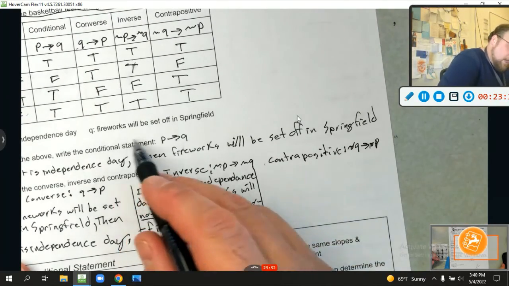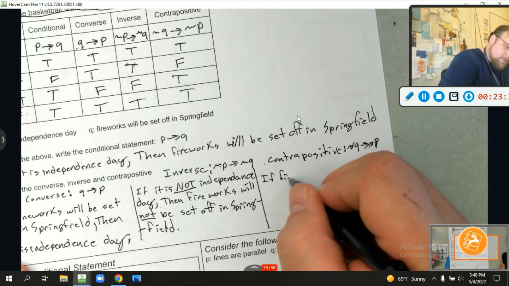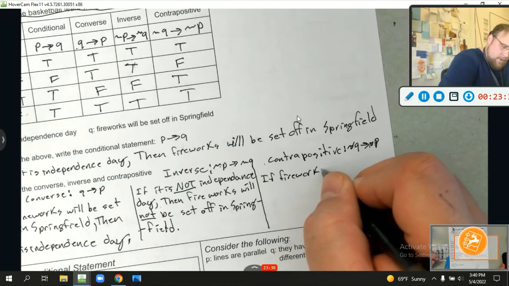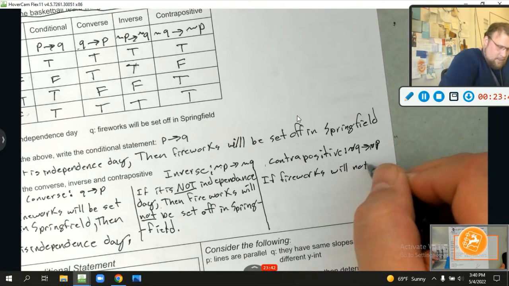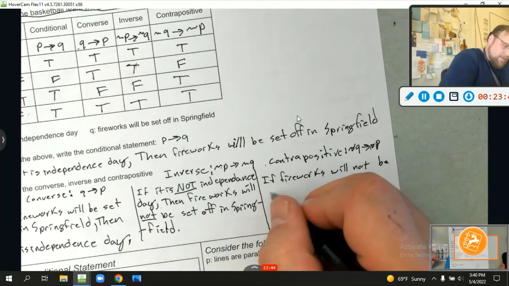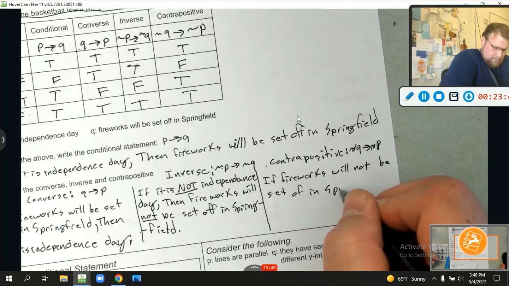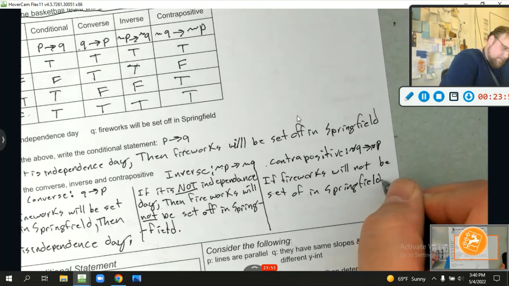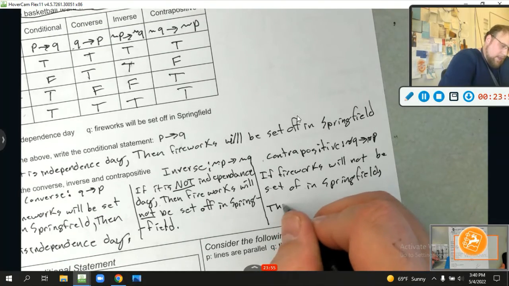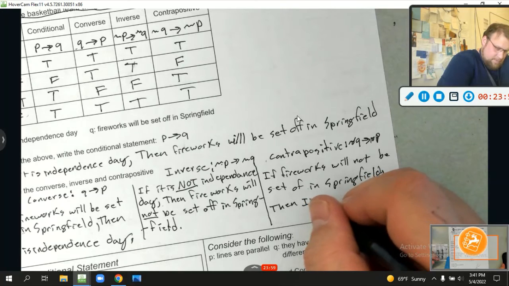Not Q. If fireworks will not be set off in Springfield, then it is not Independence Day.